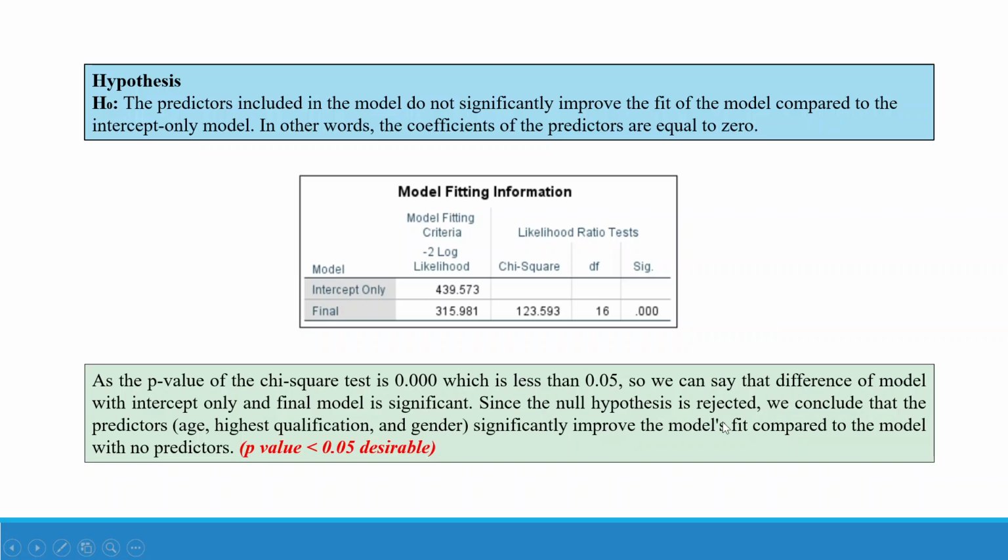Since the null hypothesis is rejected, we conclude that the predictors age, highest qualification, and gender significantly improve the model's fit compared to the model with no predictors. So in this model fitting information, it is necessary that your p-value should be less than 0.05.